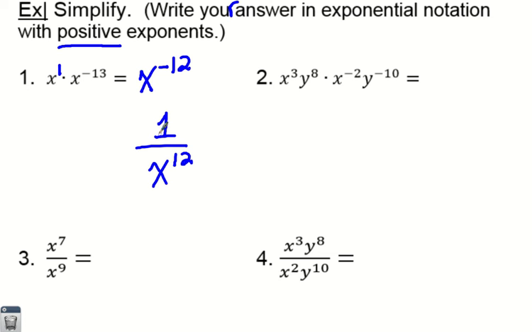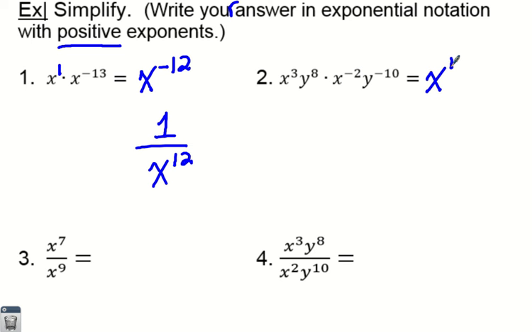Okay? Number 2, very similar. Let's do this x to a power times this x to this power, and then same thing with the y's. Remember, you add the powers, so 3 plus a negative 2 is 1.